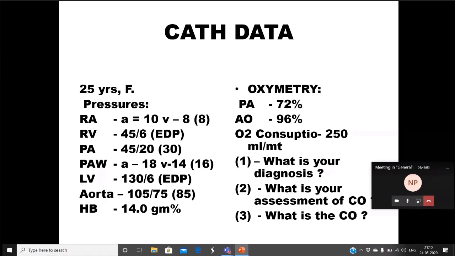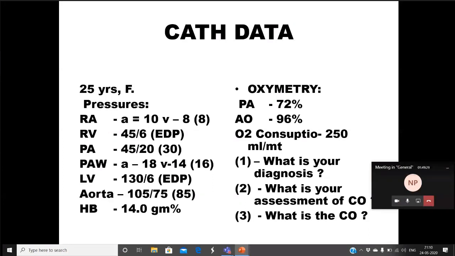Coming to wedge pressure, A is elevated, sir. V is also elevated, and LV systolic pressure is higher, sir, 130, and end diastolic is 6. There is a gradient between. Means if we take the wedge pressure as LA pressure, sir, there is a gradient between LA and LV, sir, of about 10.